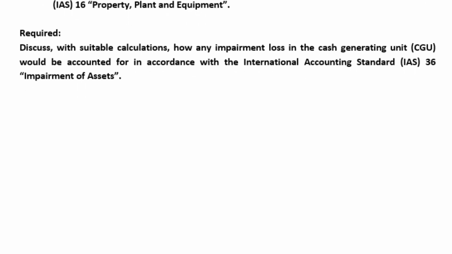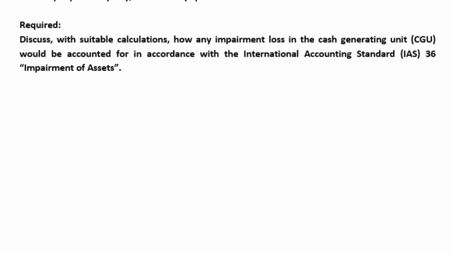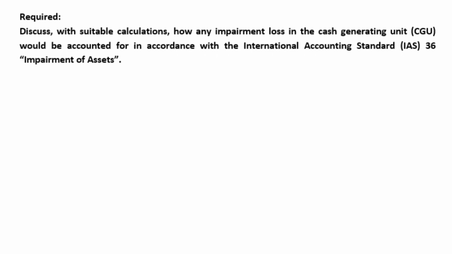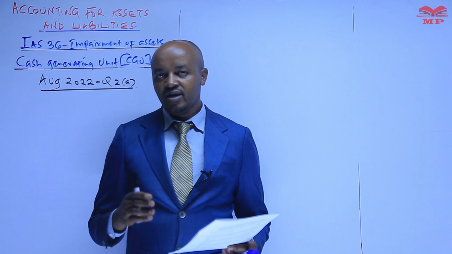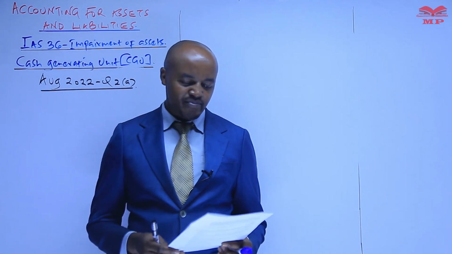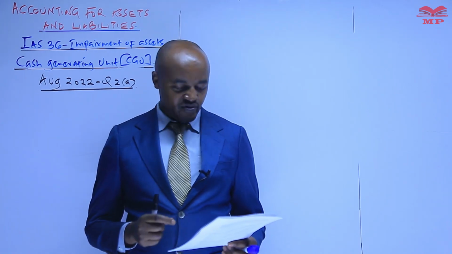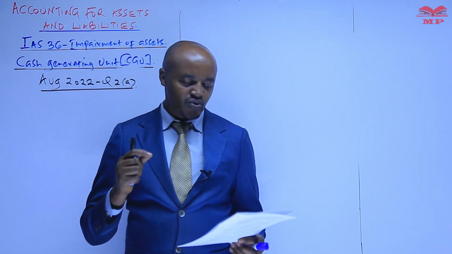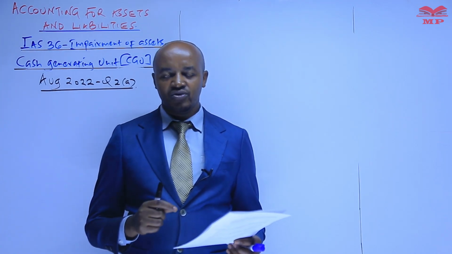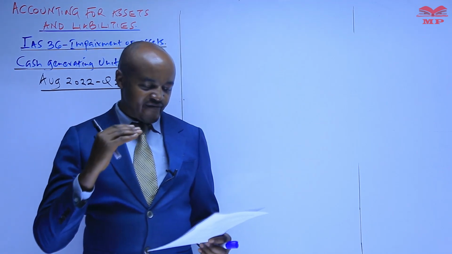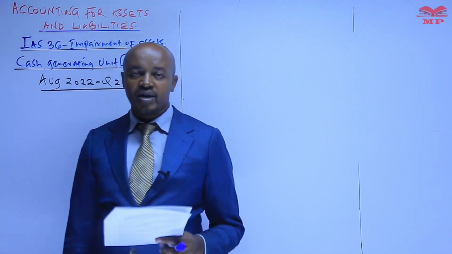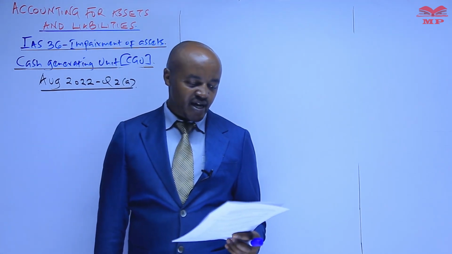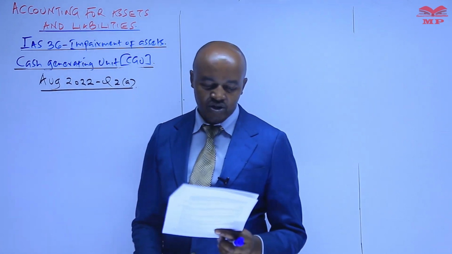So basically what you needed to say here is that B Limited will need to carry out an impairment review, or determine the impairment loss of this cash generating unit, and then proceed to allocate it to the assets within that cash generating unit. We have discussed the order to be followed by the company in allocating that impairment loss.